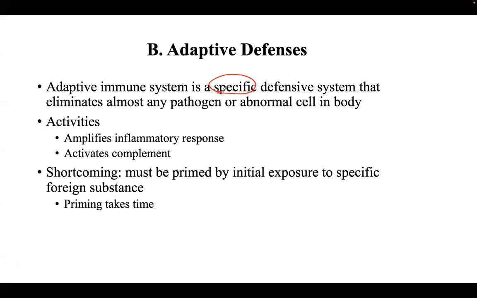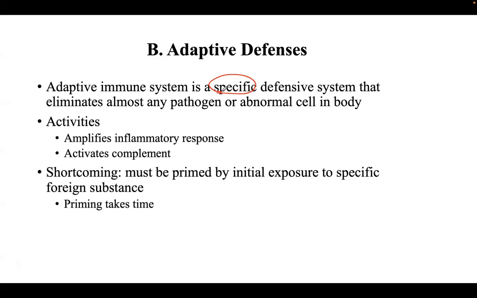Sometimes it will trigger some innate responses if needed, but there are two specific cells that are involved in this. So what it does, it amplifies the inflammatory response. Amplify. Remember, if it's required, it will make it more. Or if required, it can activate the complement system. Why? Because complement has the method to destroy the pathogen.